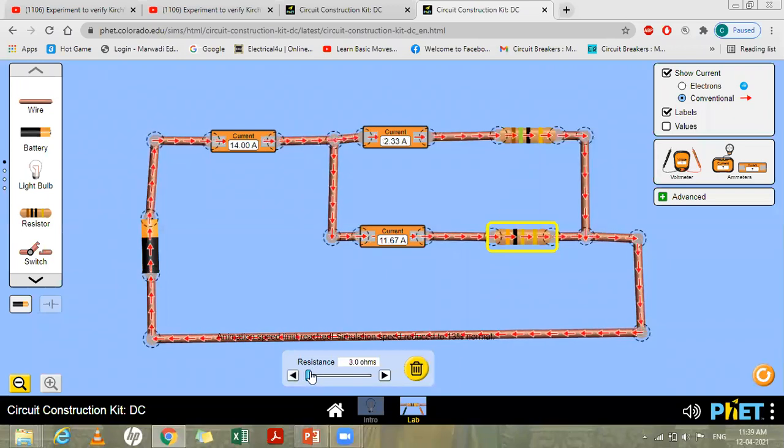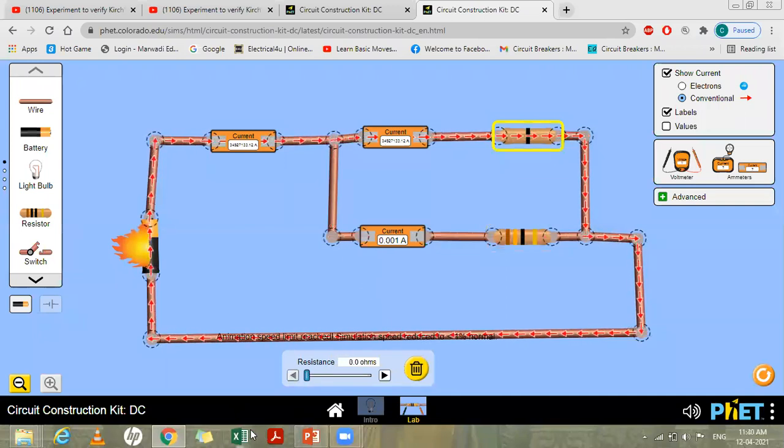Again, if I just move it to slightly higher resistance, the short circuit is gone, right? Similarly, if I put a short circuit on this, the same possibility is in branch number 1.